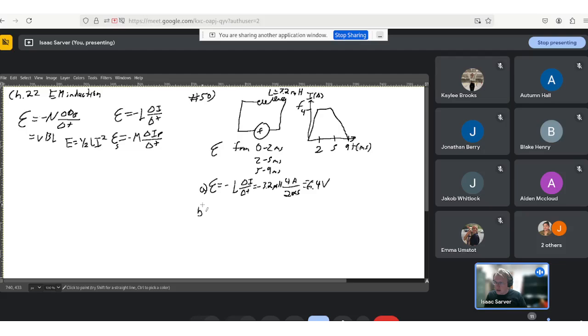And then B, the EMF is equal to minus 3.2 millihenry. The change in current between 2 and 5, well, it's constant at 4 amps, so that's 0 amps, divided by 3 milliseconds. In this particular case, it doesn't matter because 0 times anything is 0, therefore the answer is 0 volts. And C, EMF is minus 3.2 millihenry.